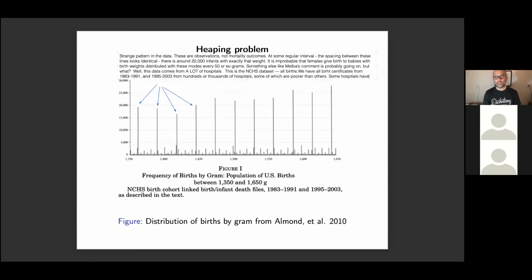Some hospitals have very primitive scales compared to others. Some places appear to be rounding, and others appear to be recording accurate weights. If the places rounding have different mortality outcomes than those who don't, it can introduce a separate problem.